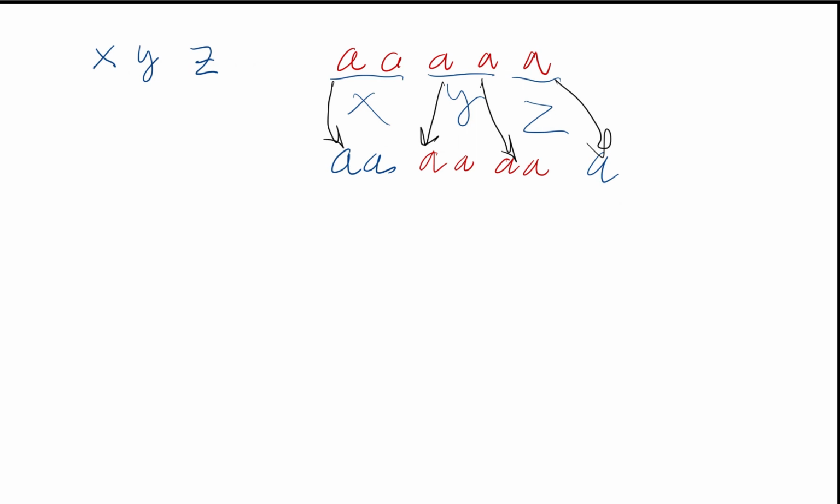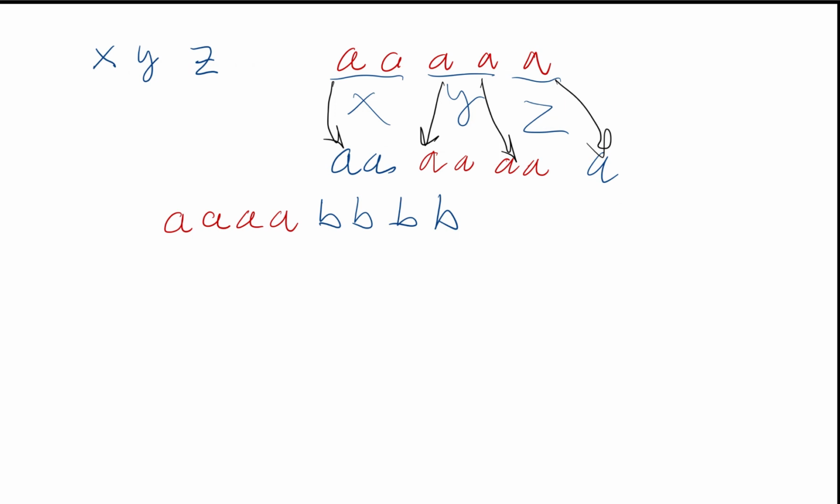However, let's go ahead and try A to the n, B to the n. So we'll have some A's here, and that's 4 A's, and we'll go ahead and have 4 B's. So this is a word in A to the n, B to the n. So let's go ahead, and there's things that we can choose.